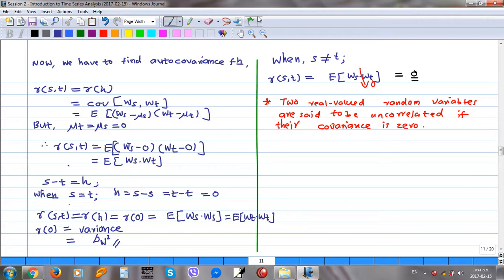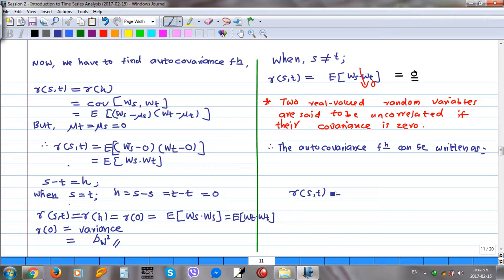Now we can take the autocovariance function. It has two parts. Therefore the autocovariance function can be written as gamma s comma t.